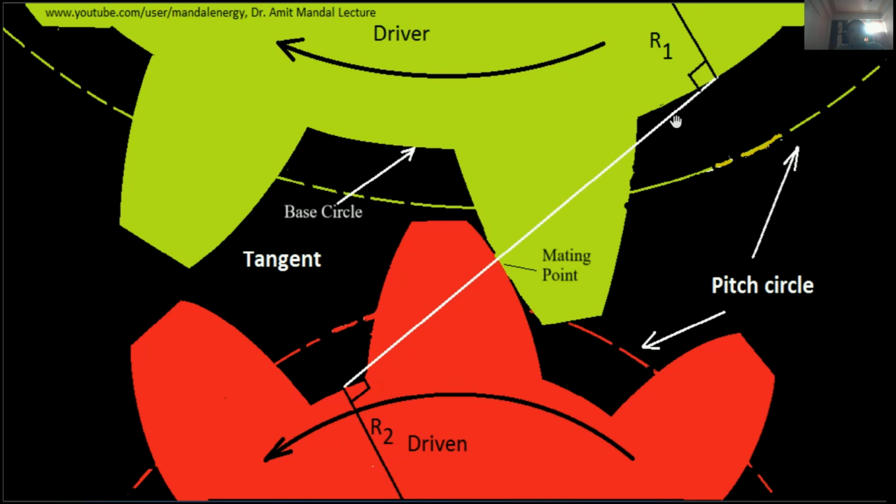That means a line passing through the meeting point will be tangent to both the driver as well as the driven wheels. Only then will constant torque transmission take place, every time the tangential force developed by the driver wheel is received tangentially by the driven wheel. So constant torque transmission takes place.